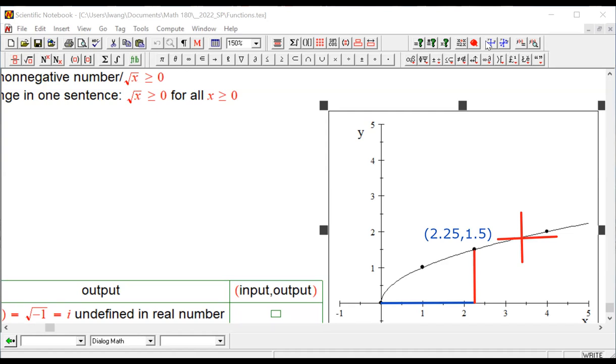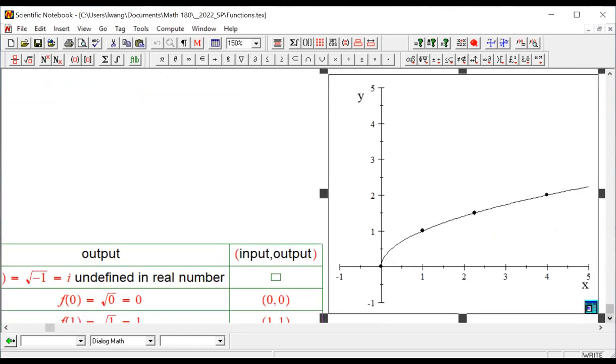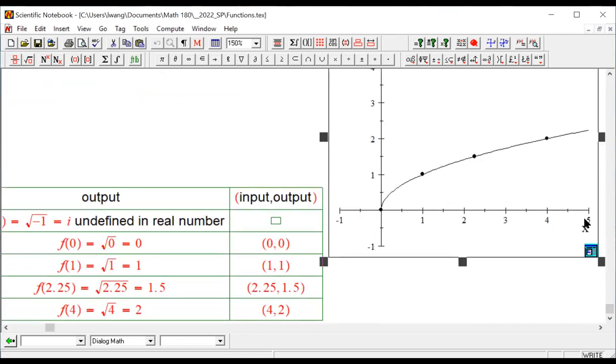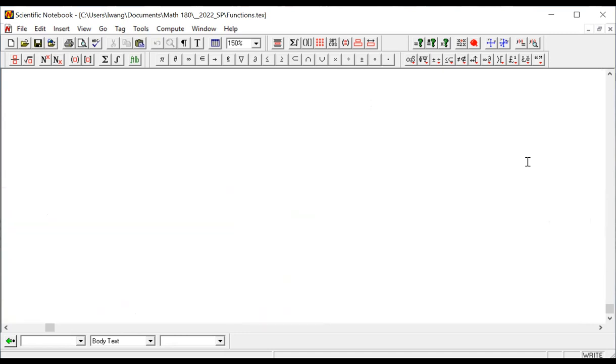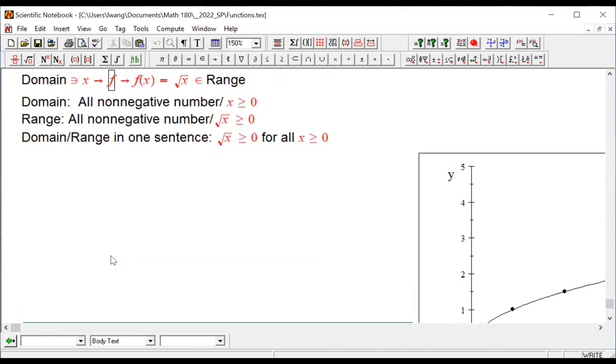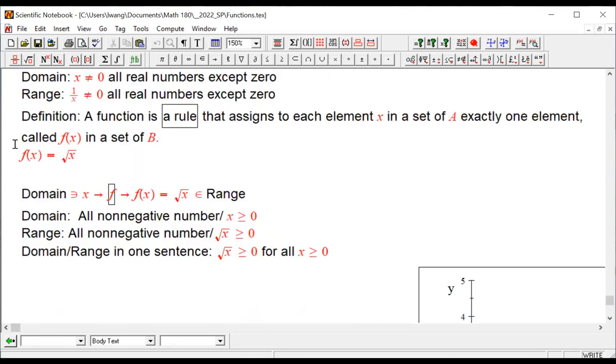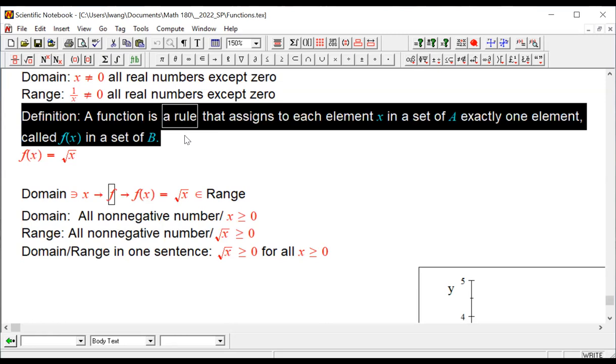Okay, so let's move on to the next function. Cubic root. I'm going to do the same thing. Get the definition of function to come with us.